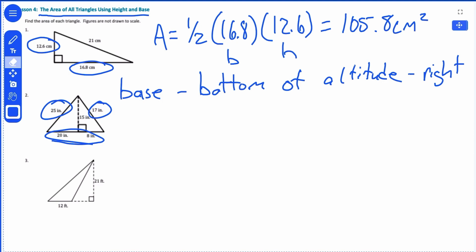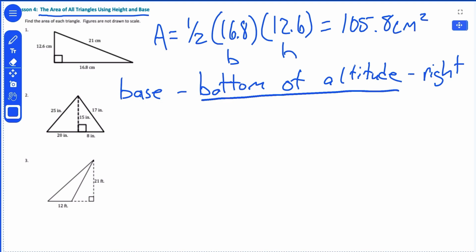So here, since the bottom of our altitude is our base, that means right here is our base. So remember, there's two different ways you could do that. You could separate this and do two separate triangles, or you can combine it and say half of 28.